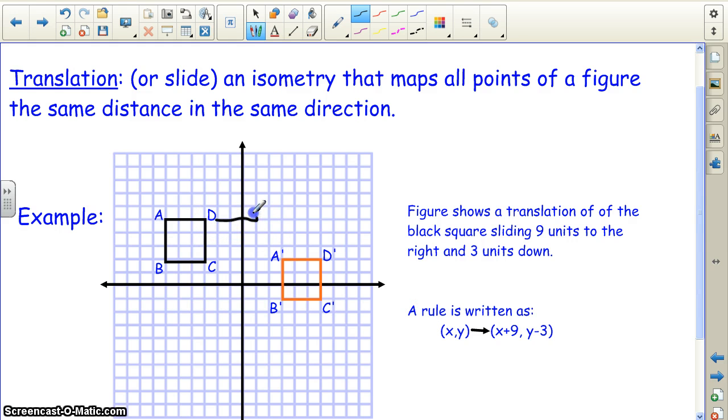If we're going to the right, it's positive. If we're going down, it's negative, just like with slope. So our rule: whether we're going left or right, we're going to add to the x. If we go to the right 9, it's x plus 9. We go down 3, so it's y minus 3. You can think of it just like with slope.